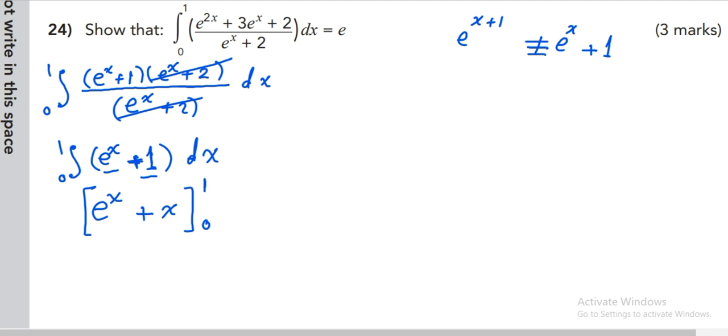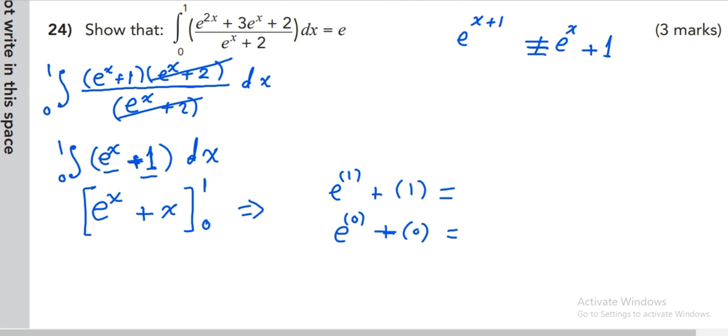Here in this case, we said we have two numbers, or one of the two parts of the integration equals 0. Can we cancel here the part of substitution by 0? The answer is no. And we'll see why now. We'll substitute by the first number, e to the power of 1 plus 1 equals e plus 1. Here e to the power of 0 plus 0.